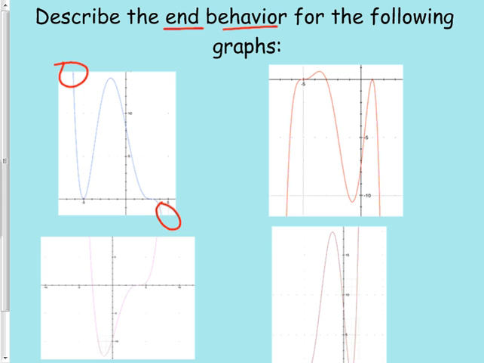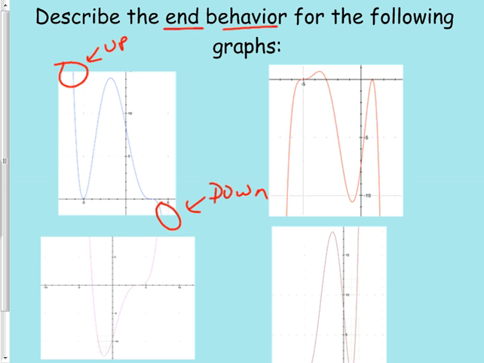It's really awful when people try to do this with increasing and decreasing because it's so tricky. Like you'd think this was increasing because it's up high, but it's actually decreasing right there because it's going down. So you don't want to get into the words increasing or decreasing. Just simple. Up and down. This one's up, and this one's down. That's all we're going to be saying about their end values, whether they're up or down.